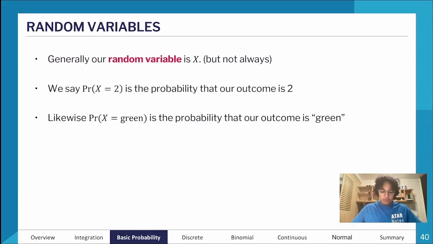So how is it represented? Capital X is the random variable, whereas 2 is the particular event. So the probability of x is equal to 2 just means the probability that our outcome is equal to 2. X is equal to green is the probability that the outcome is equal to some defined thing known as green.